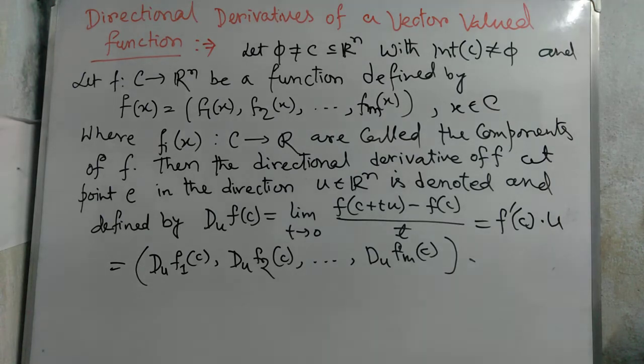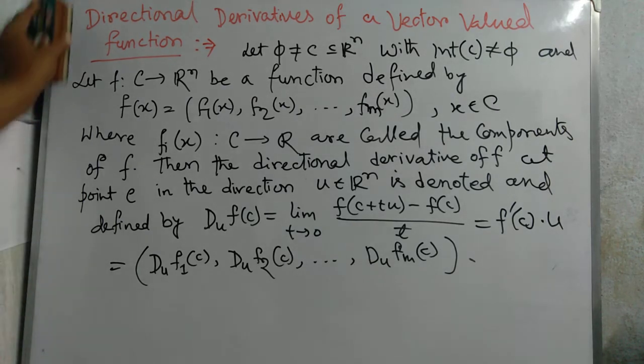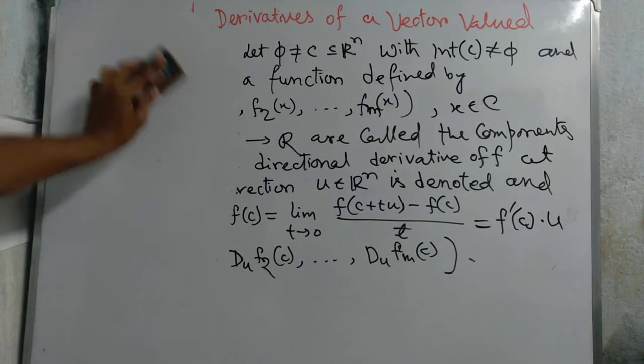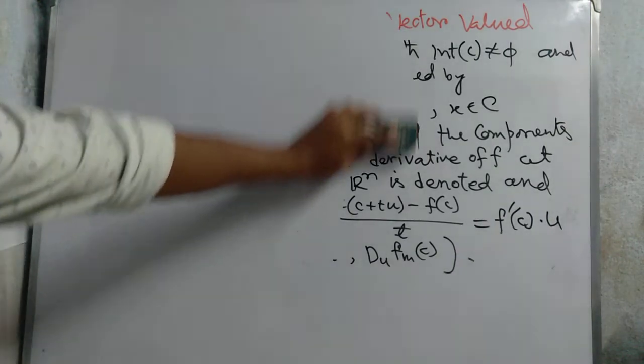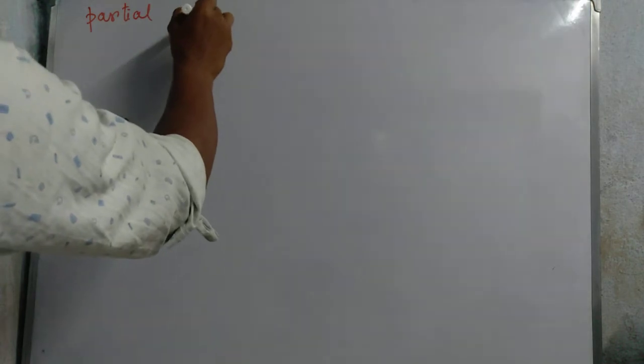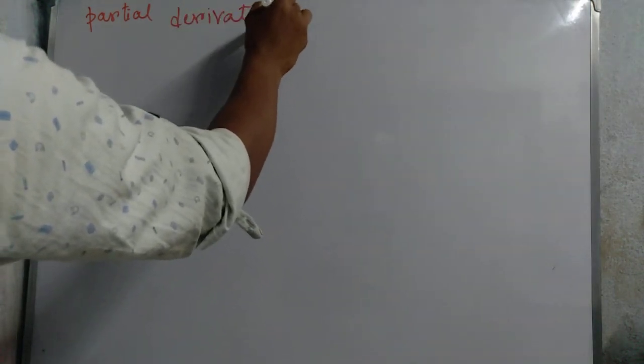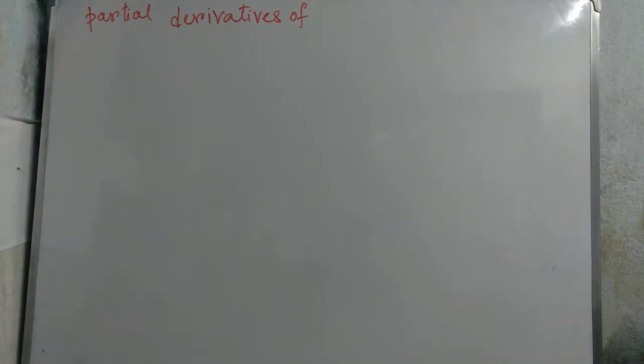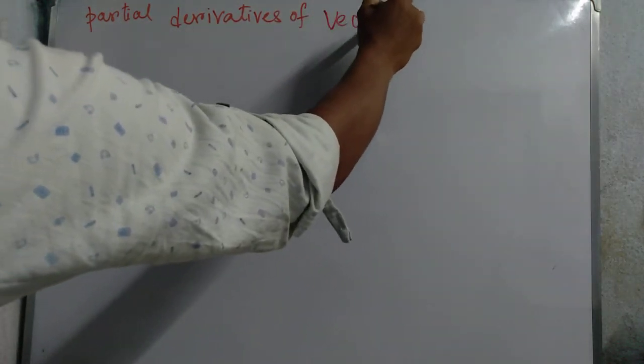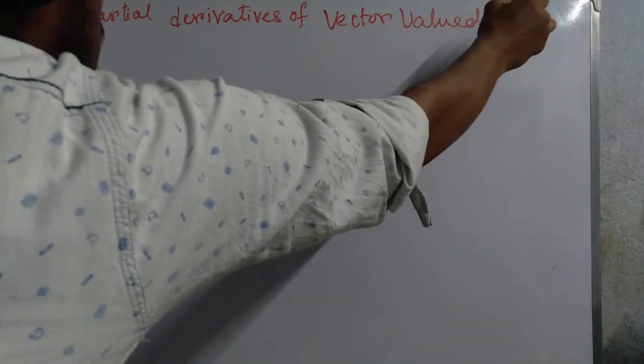Now we also discuss the partial derivative of a vector valued function. We erase that portion now.